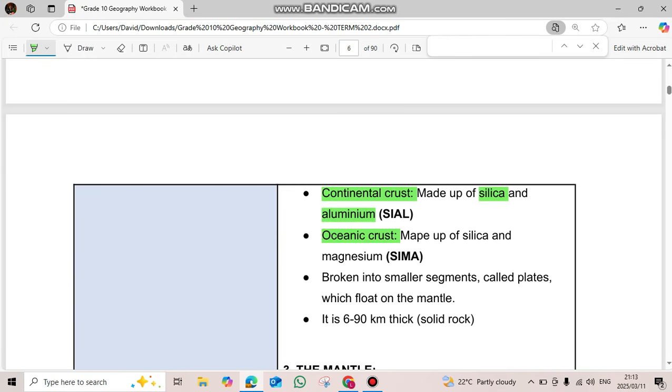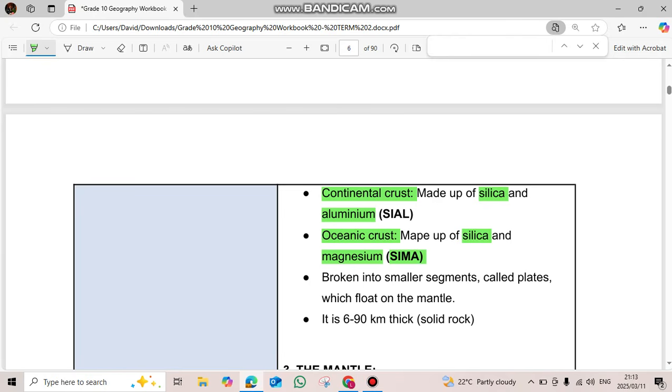When we put those two words together, we refer to it as Sial. In our oceanic crust, which is found below the oceans on the ocean floor, it is made up of silica and magnesium. So when we put those two words together, we get Sima.